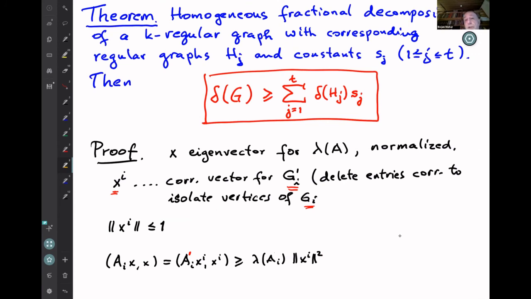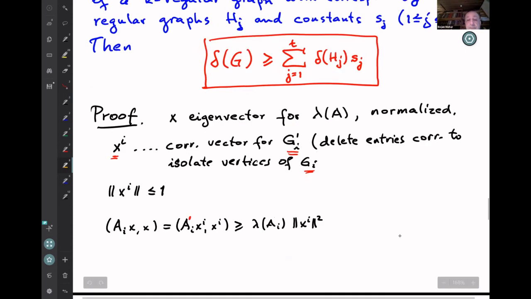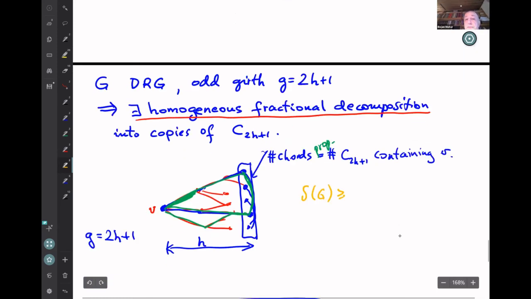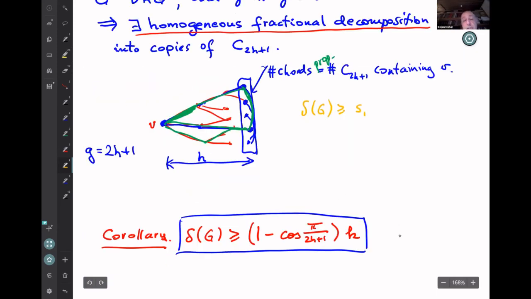So this is just one graph, the cycle times this s sub j. Well, it's s1, which is, I guess, equal to 1, or maybe 1/2. It's 1/2, yeah. So s1 times delta of C sub 2h plus 1.